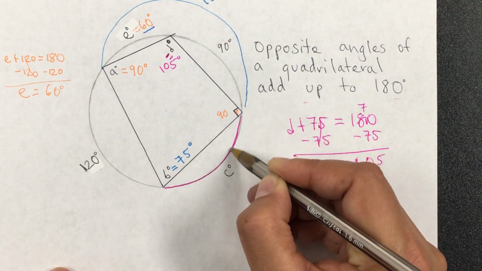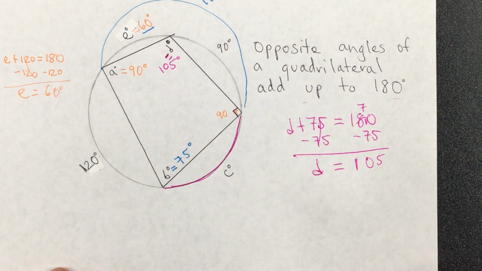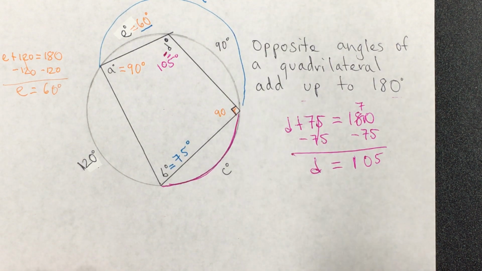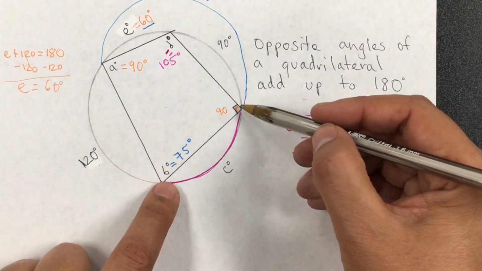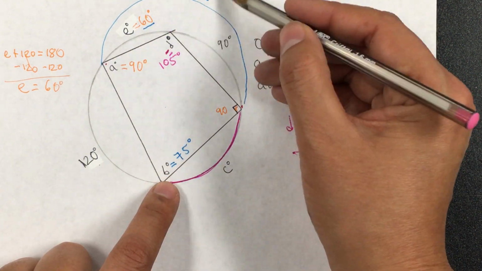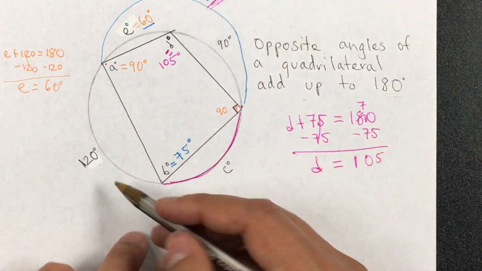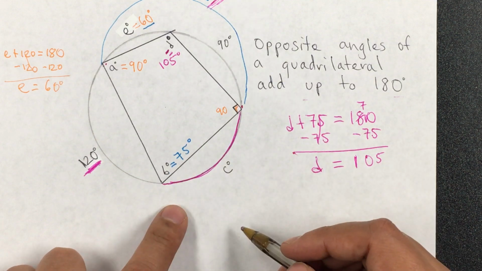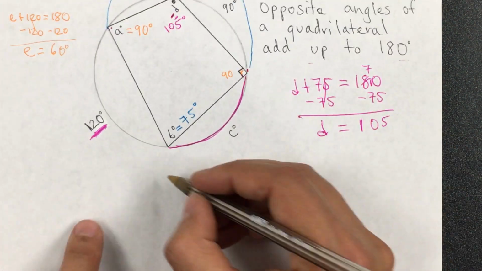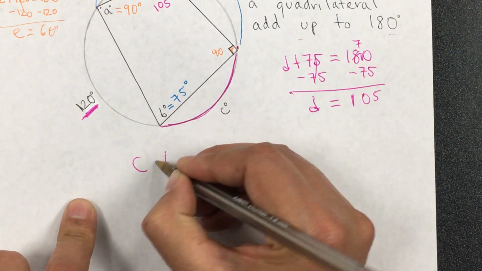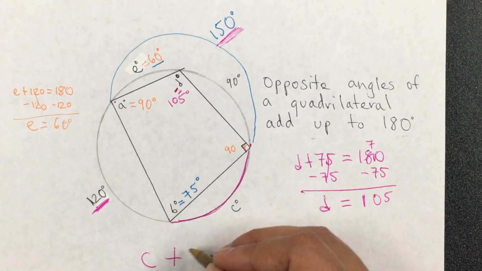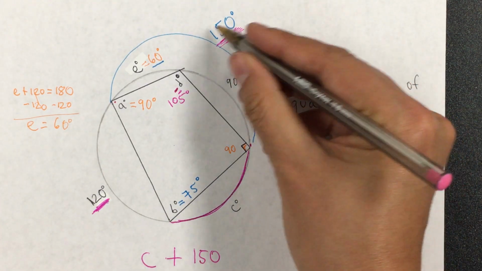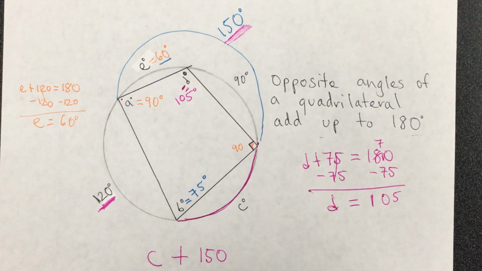And finally, the only one that we need now is letter C, which is this arc from here to here. I should have used a different color, but that's okay. So we know that from here to here is 150. From here to here is 120. So what is left? Now I need to zoom out.